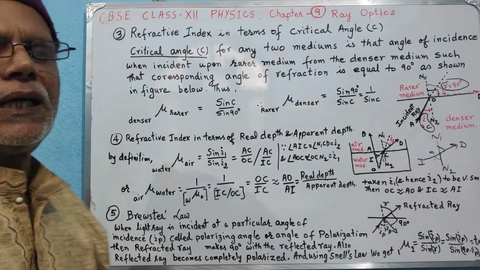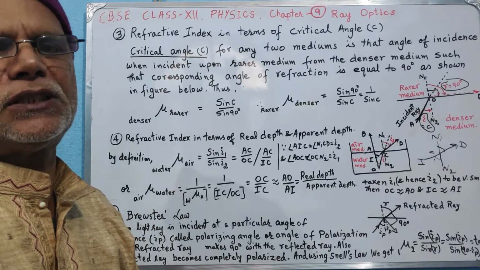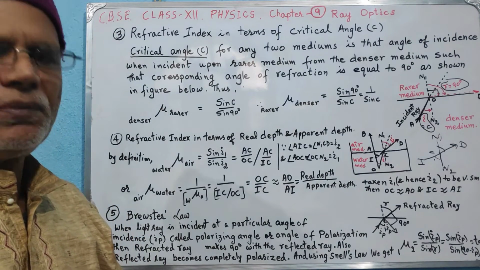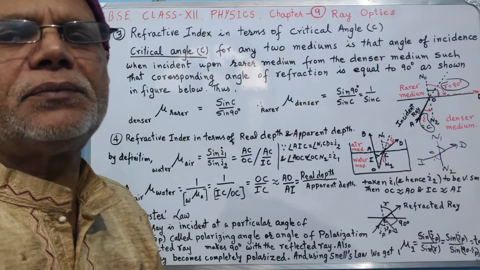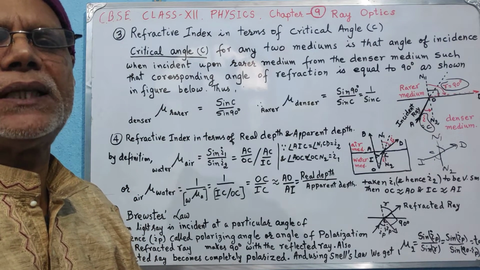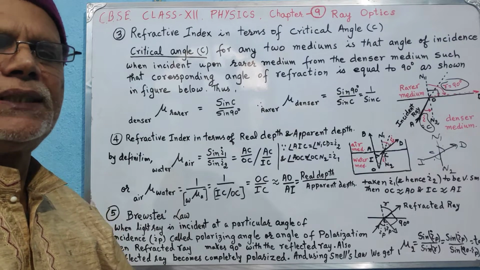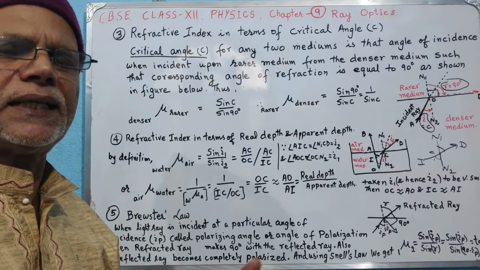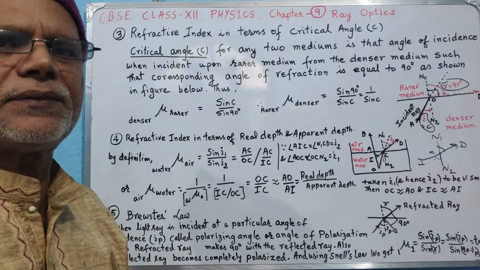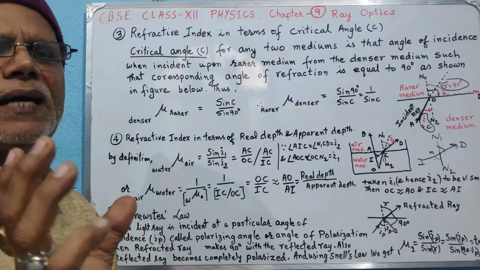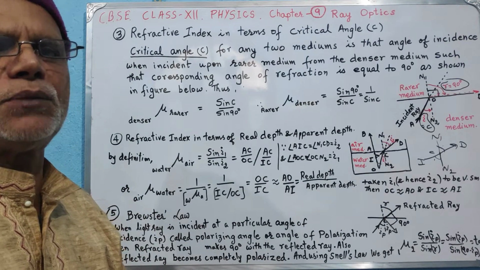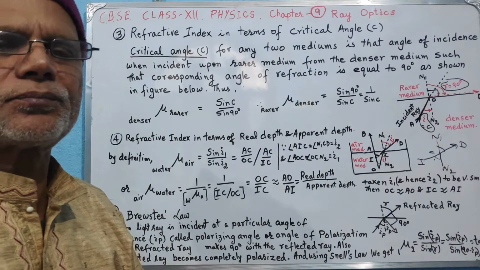Now we are talking about yet another law, which is Brewster's law. Before we talk about Brewster's law, we will talk something about polarization. What is polarization of light? We shall be discussing it extensively in the coming chapter, but for the time being we want to have a short idea about the polarization of light.